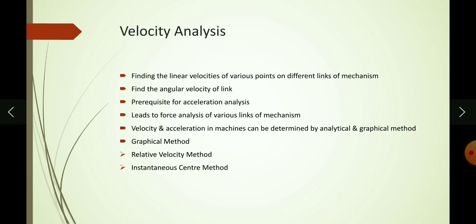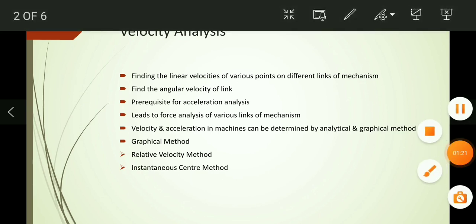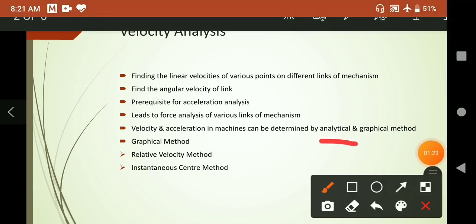There are two methods of finding the velocity and acceleration of various points in a mechanism. One is the analytical method and the second one is the graphical method. The analytical method involves certain equations.